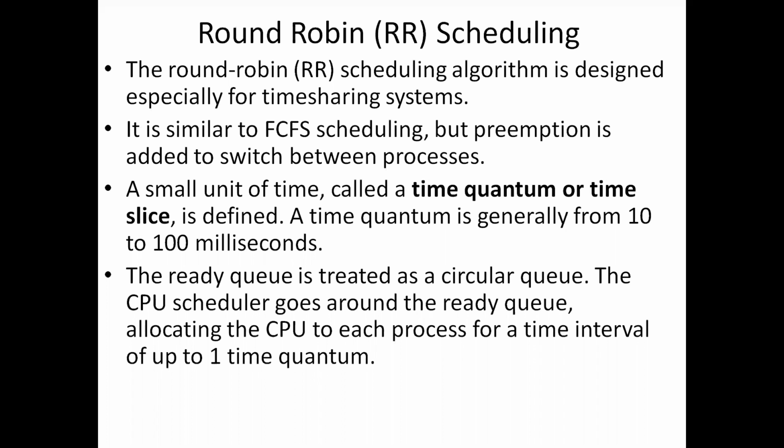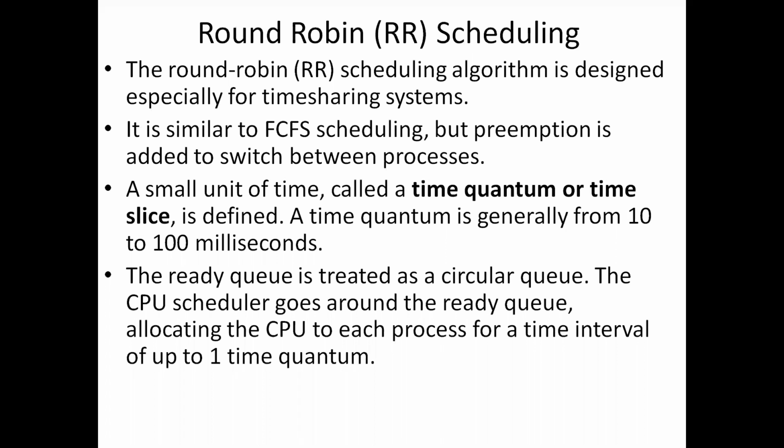The CPU scheduler goes around this ready queue, allocating the CPU to each process for a time interval of up to one time quantum. Each process will be executed by the CPU for up to one time quantum. After completion of the time quantum, the CPU will be shifted to the next process in the ready queue.